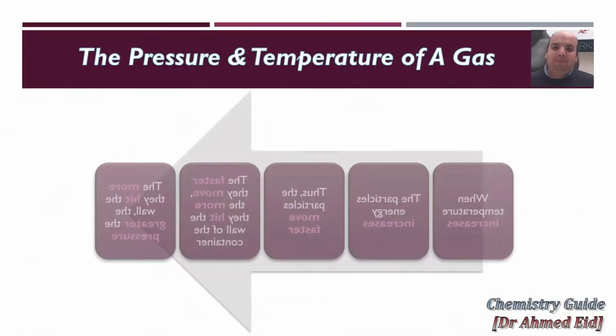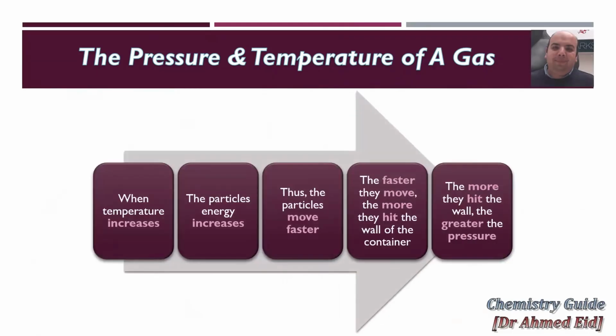This happens because when the temperature rises, the energy of the particles increases, causing them to move faster. The faster the particles move, the more frequently they hit the container's walls. More frequent collisions lead to a greater pressure.